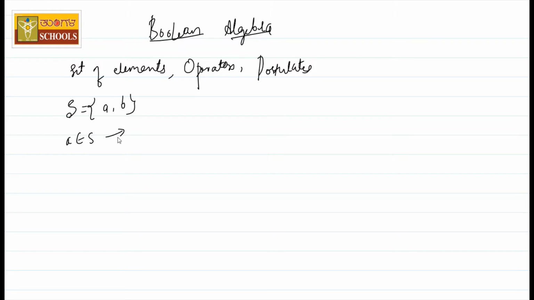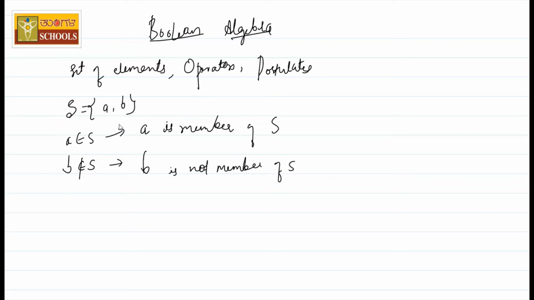It represents that A is a member of S. If I write B not belongs to S, it means B is not a member of S. Here S represents the whole set, and A and B represent elements included in the set. This is a little introduction of the set.